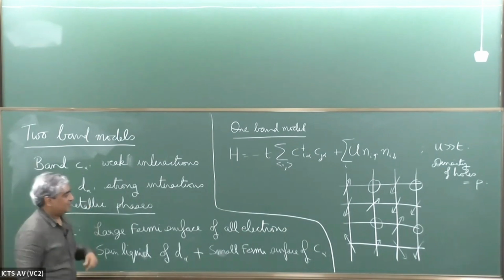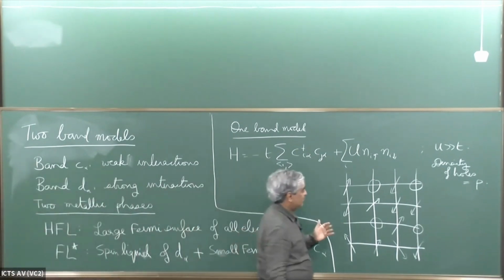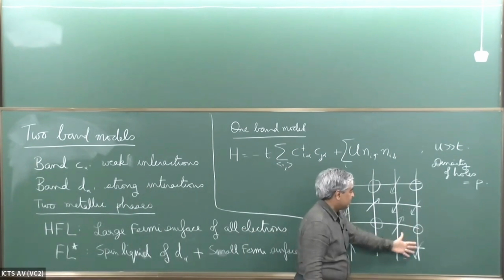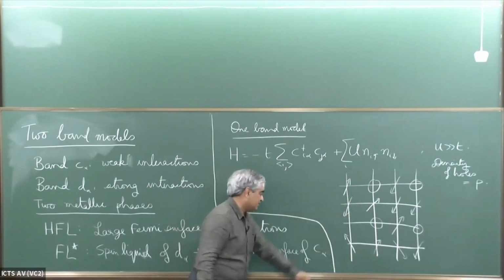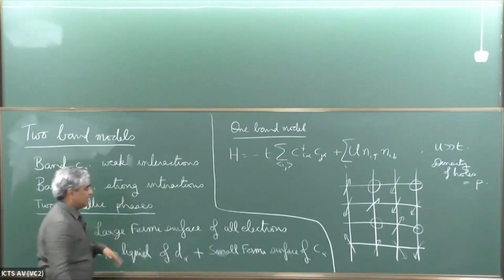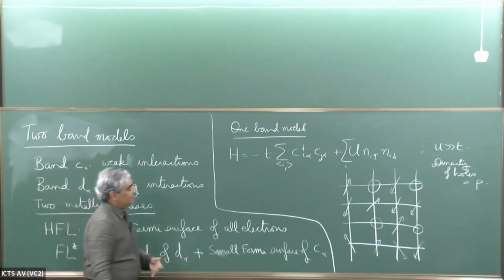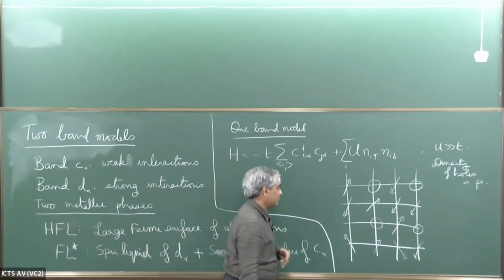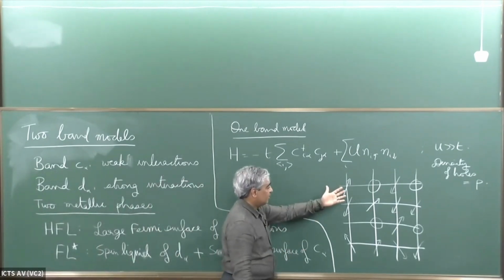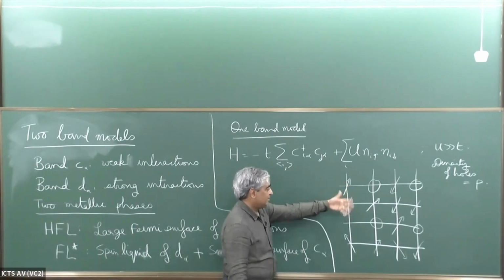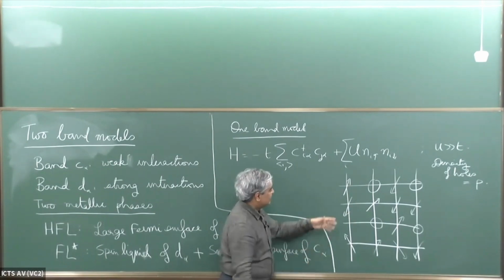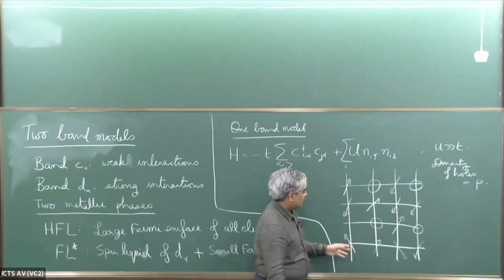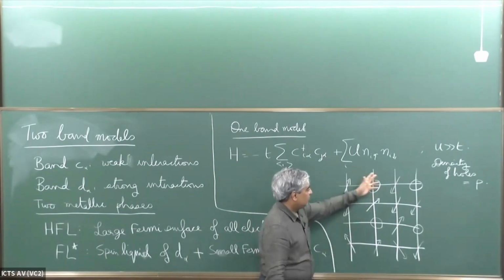Okay, so what was I saying? Right, so now the question we can ask, thinking very naively, there's a very naive way to see that actually there are 2 different types of metals possible. One way is the following. Now I ask you, what's the density of charge carriers in this system? If I'm just a purely classical person, I see these electrons sitting around, 1 per site with a few holes.